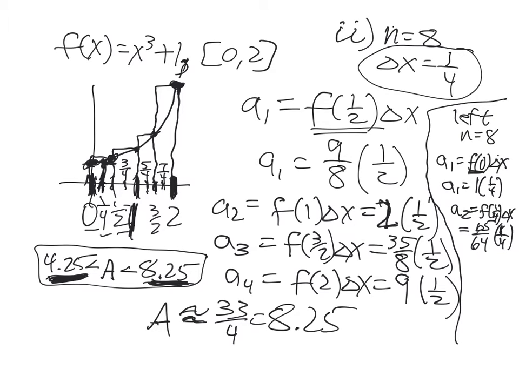Now for the right endpoint, the first rectangle, we would use f of 1/4 rather than f of 0. So with the left endpoints, you're going to stop at f of 7/4 as your length, and with the right endpoints, you'd stop at f of 2. And then you start at 1/4.